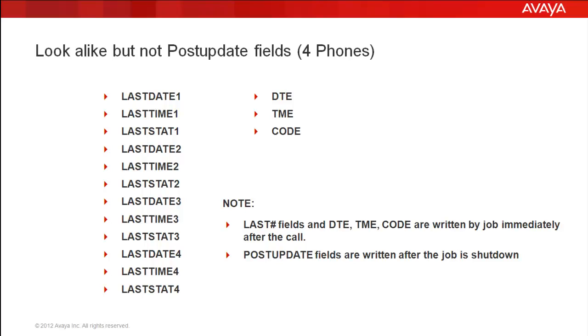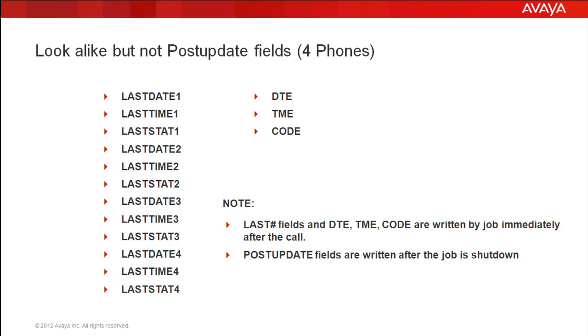But the post-update fields are written by the post-update process, which runs automatically only after the job is shut down. So if you are trying to query the post-update fields using something like a PC analysis extract, you will not see the data populated in the post-update fields until the job has stopped. But you will still see the data in the last fields and the DTE, TME code field, etc. while the job is on.